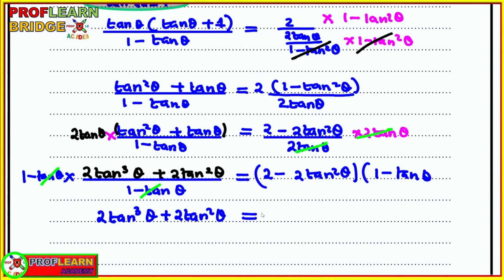If I'm going to expand this, what am I going to get? I'm going to get 2 minus 2 tan theta minus 2 tan squared theta. And if I multiply negative 2 tan squared theta times negative tan theta, I'm going to end up having positive 2 tan cubed theta. So which means I'm going to cancel the first and the last terms because both of those are like terms.